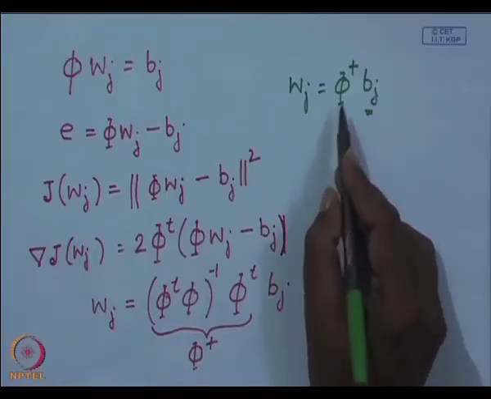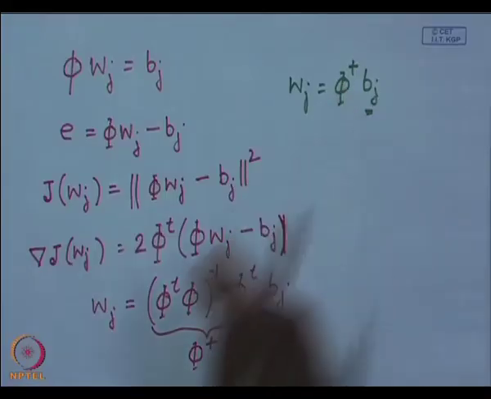So, I have this vector b j. Phi actually indicates what should be the output of the hidden layer nodes for every feature vector. So, from that I compute my matrix phi. Once I have this matrix phi and I have this b j, I can compute the connection weights from different nodes in the hidden layer to the jth output layer node.